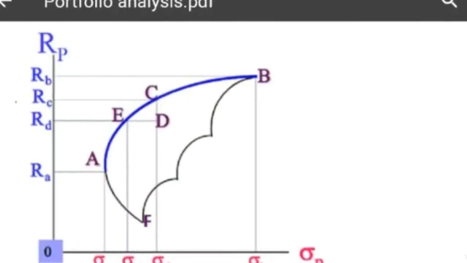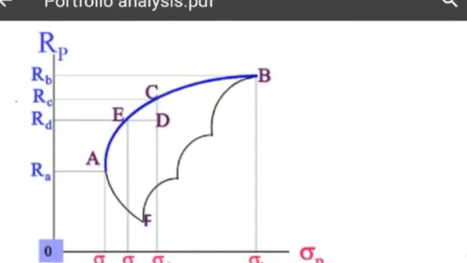If all the risk-return possibilities, that is the investment opportunity set, are plotted on the graph, the area inside FABF, that is the shaded region I showed you, is called the feasible set or the portfolio opportunity set. And inside this, all the possible combinations of selected securities are depicted inside FABF.